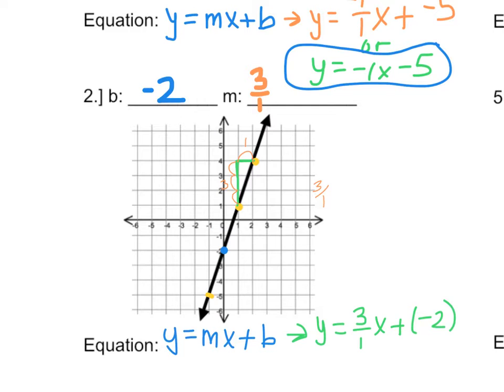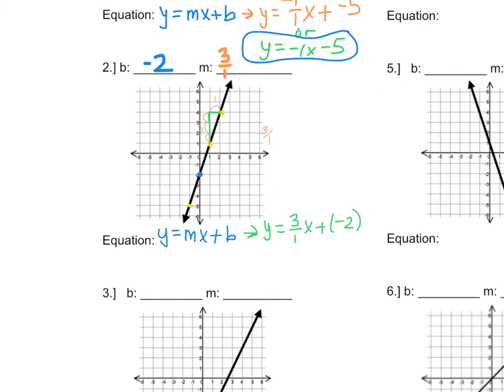And you could put that in parentheses if you want. And again, a more simplified version of this is y equals 3x minus 2. Those are essentially the same equation. This one is just the most simplified.